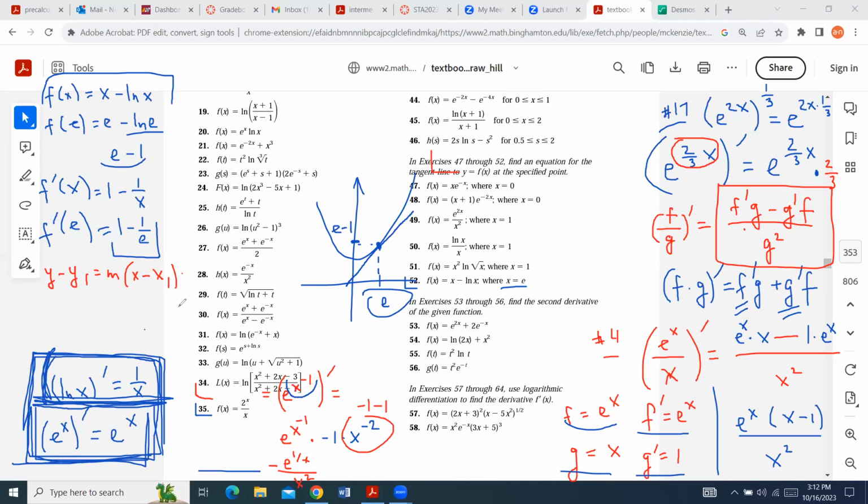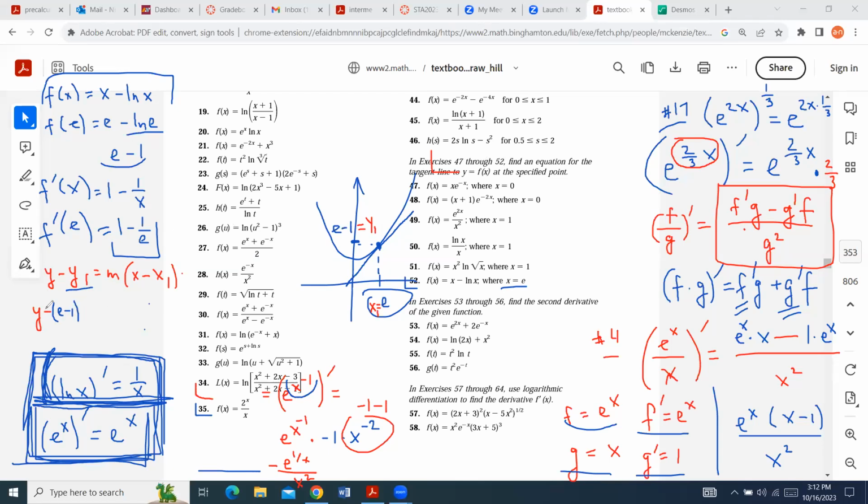So now I'm going to need to use, so that's x1, and that's y1. So I'm using the equation of a line, and I need to plug into it x1 and y1. So I'm going to subtract from my y coordinate whatever is called y1, which is E minus 1.